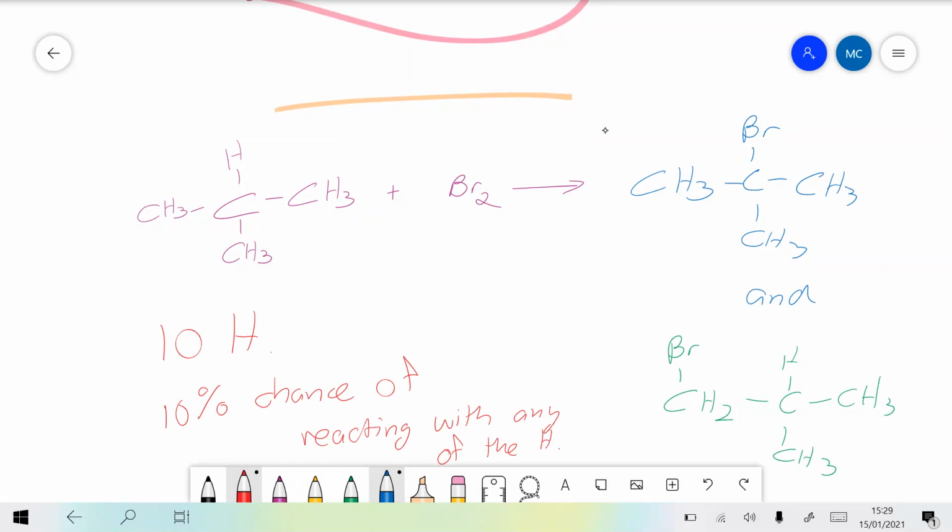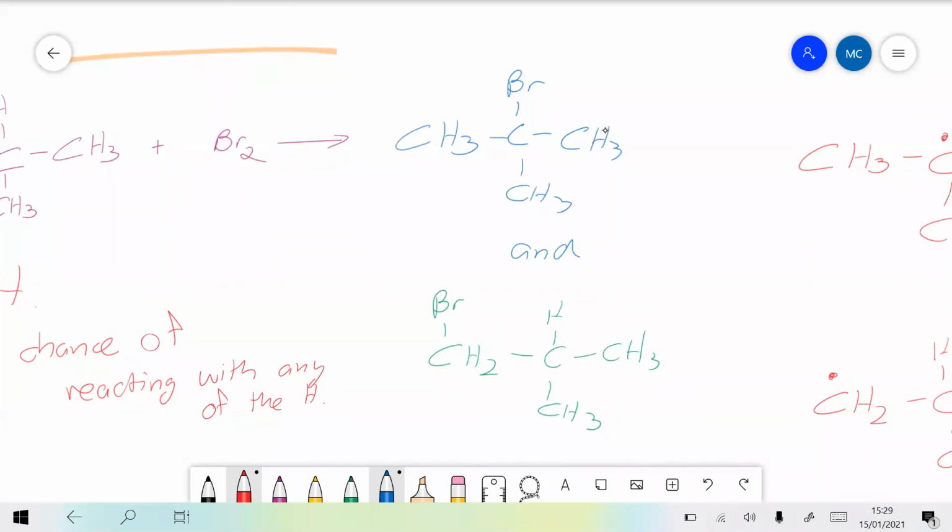Which means that if we are just going to be speaking about probability, this should be 10%, and the other one should be 90%. But that is not what we expect. Even though by probability there is a much bigger chance that we will get the primary radical, which is less stable than the tertiary radical, something else happens.